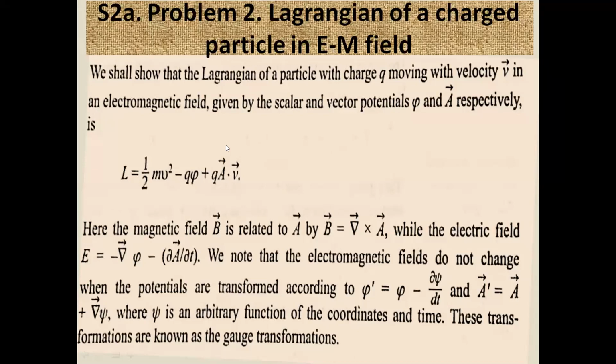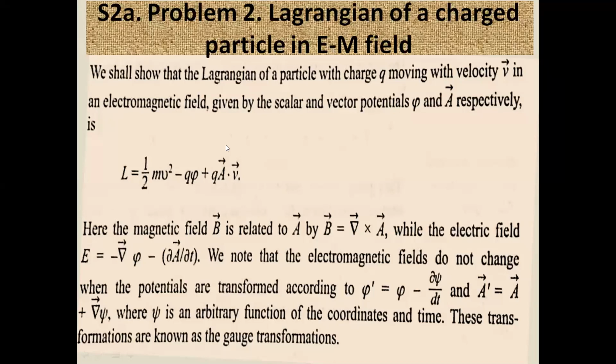So my task now is to get the Lagrangian L, which is written down as half mv square minus q phi plus q times A dot v. So one can see, looking at this expression, that rather than the magnetic field, the vector potential carries more significance in the Lagrangian, and we shall see also in the Hamiltonian the vector potential is involved.